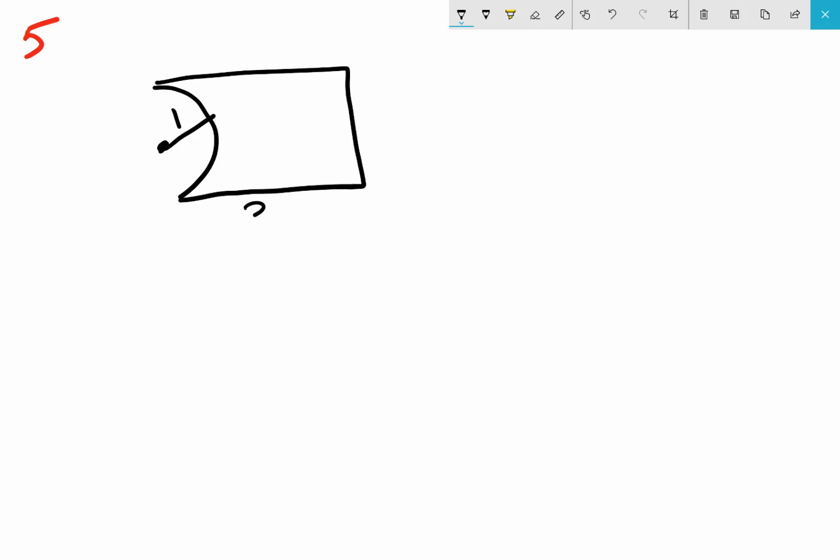The length of the rectangle is 3 kilometers. And it's a rectangle, which means opposite sides are equal. So this will also be 3 kilometers. This side here is the diameter of the semicircle. So it's going to be 1 plus 1, or 2 kilometers.